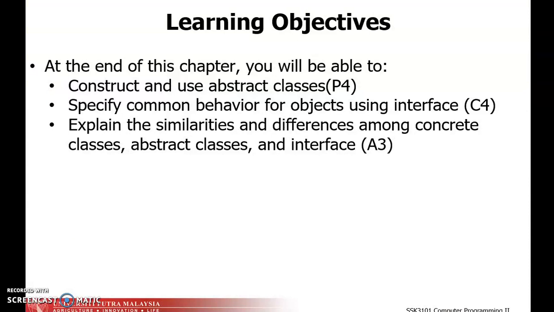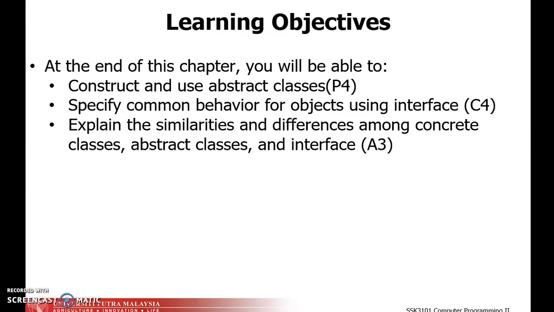Here comes the learning objective of the chapter. At the end of this chapter, you should be able to construct and implement abstract classes. Then you should also be able to specify common behavior for objects using interface, which we will look at in another upcoming video.